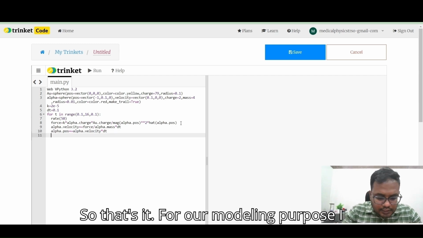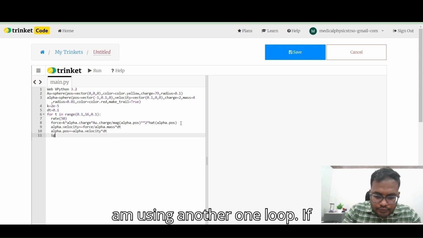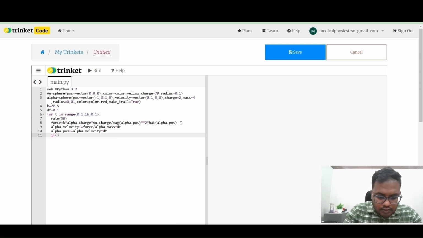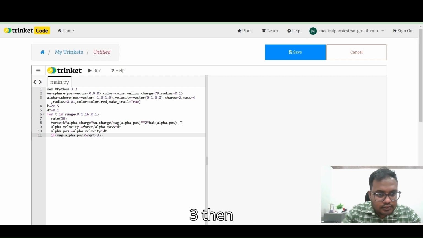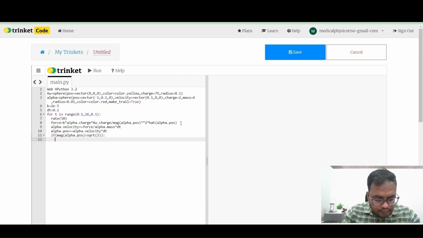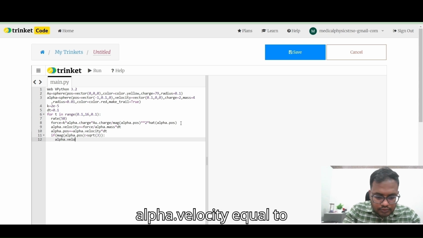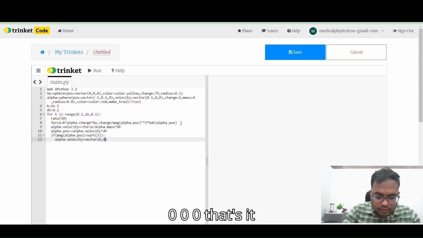For our modeling purpose, I am using another if loop. If magnitude of alpha.pos is greater than square root of 3, then alpha.velocity equal to vector 0 0 0.